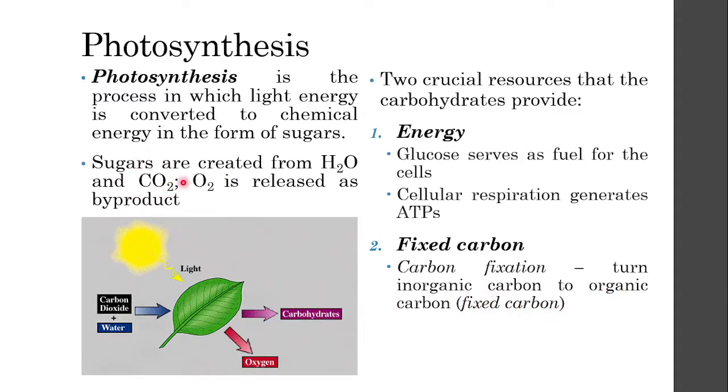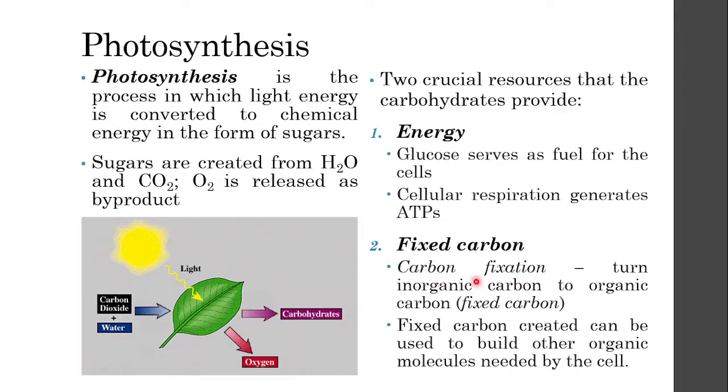An example of an organic carbon is the carbons found in your sugars or carbohydrates or glucose. These are important because they can be used to build other organic molecules that the cell needs. So these are the two important things that carbohydrates provide, which is why the plants create these sugars via photosynthesis.